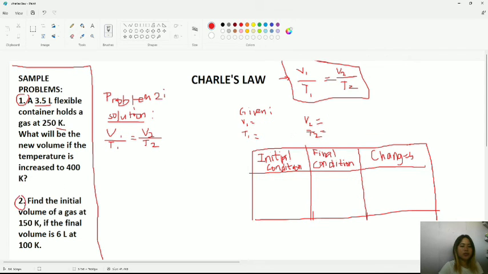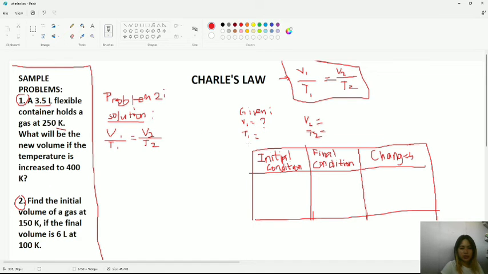First, here's the problem. Find the initial volume of a gas at 150 Kelvin if the final volume is 6 liters at 100 Kelvin. So, the initial volume is not stated, so we leave it as a question mark.